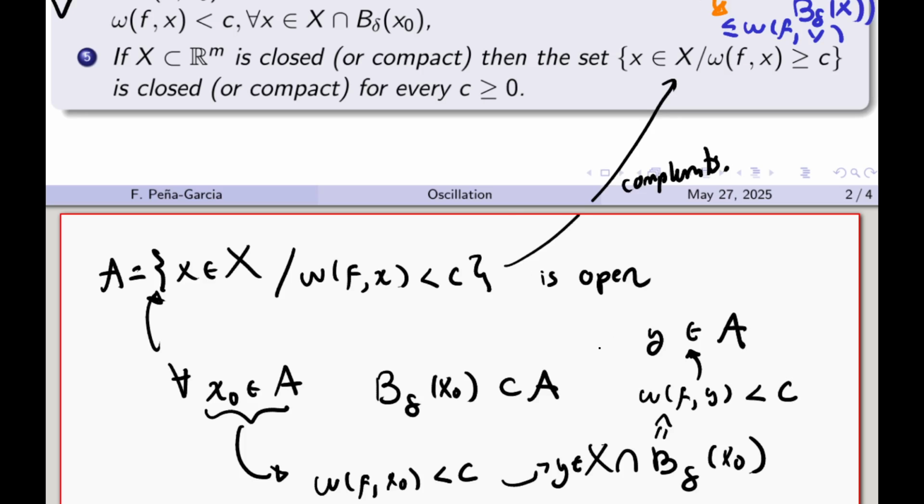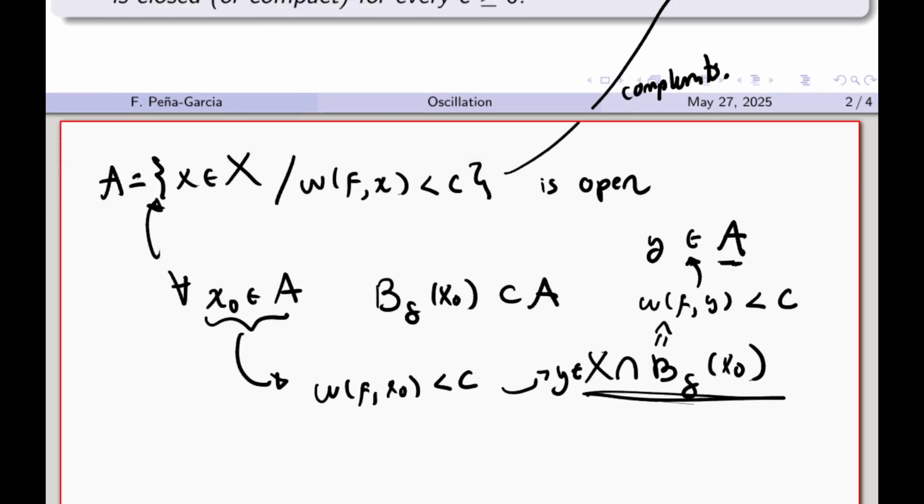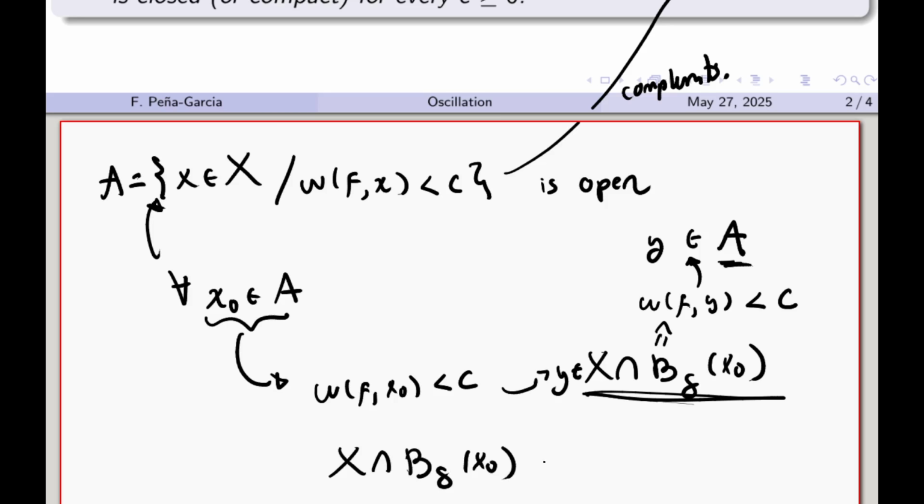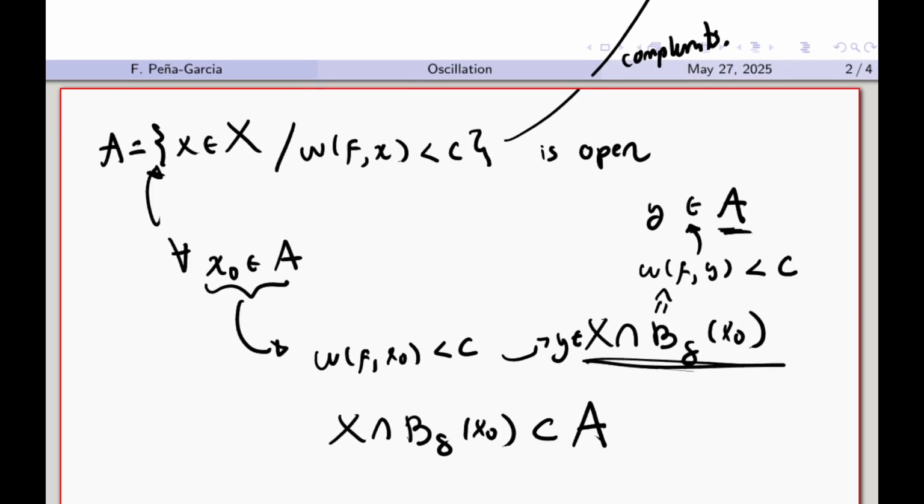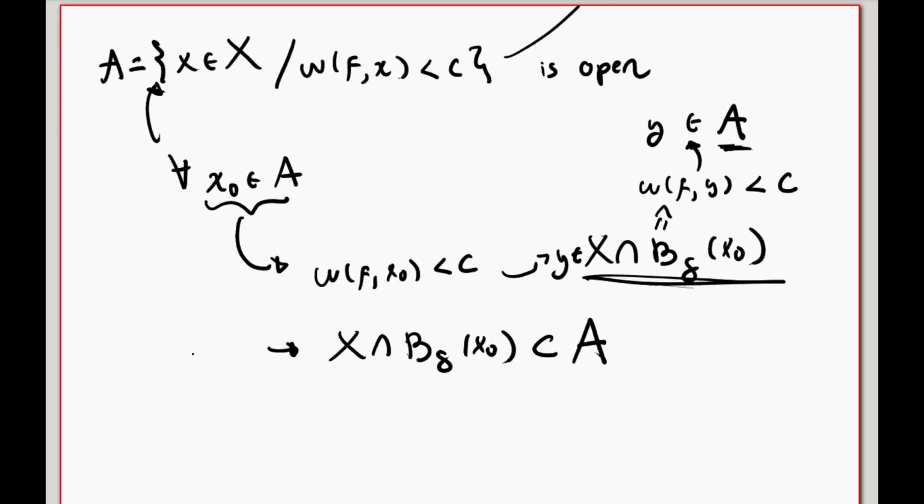So that will show that this is a subset of A. So let me delete this, and this implies that it's a subset of A, which is also a subset of X. But what we need to prove is not this, but we need to show that this is inside of A. Oh well, probably some other delta.